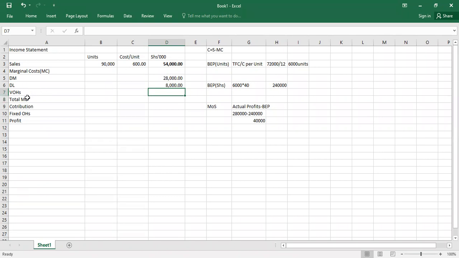And indicate here 40% of 10,000. So that will give me 4,000. So can you get the total marginal cost?